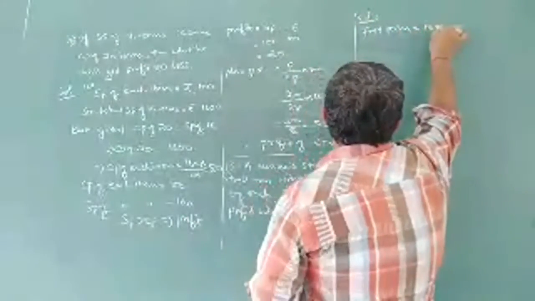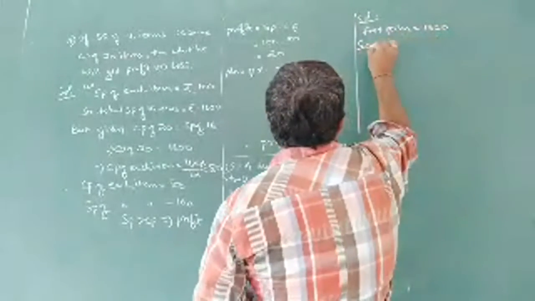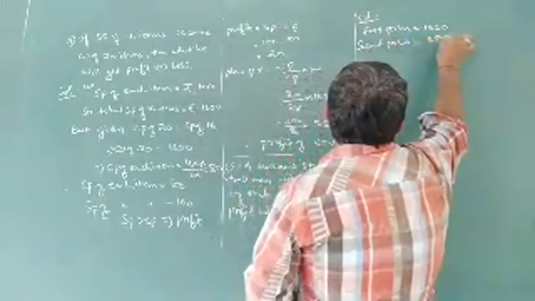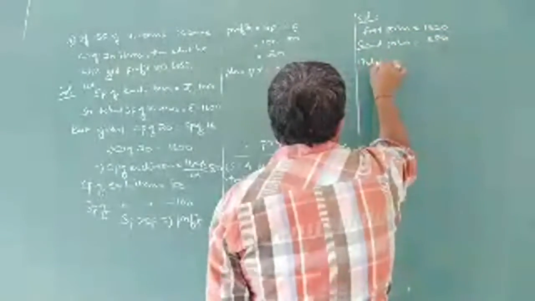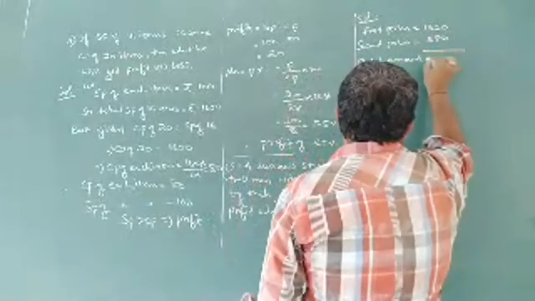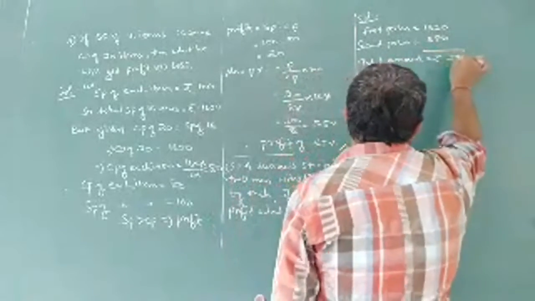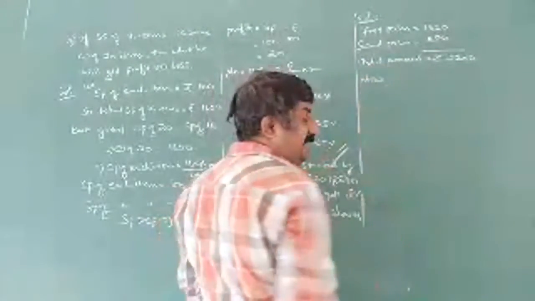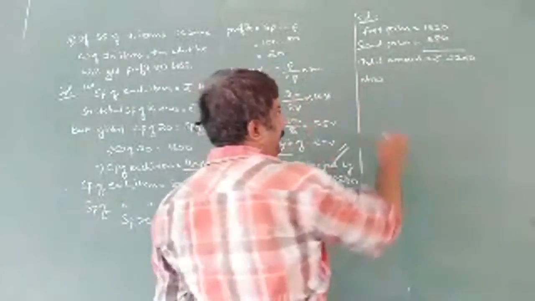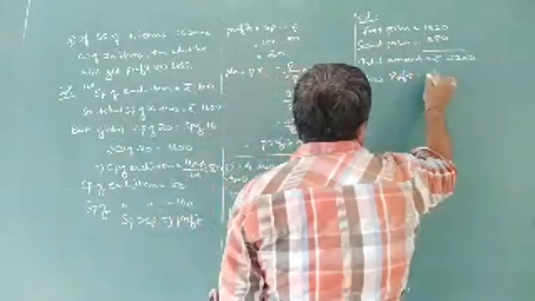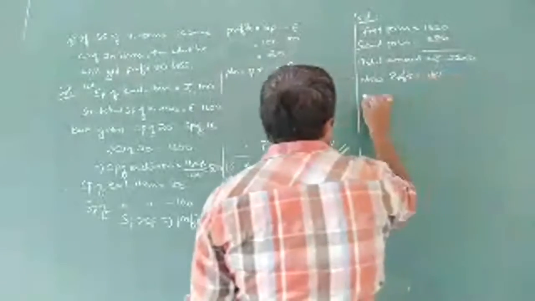First person is 1320. Second person is 880. Total amount is rupees 2200. Now, they are getting profit of 18%.